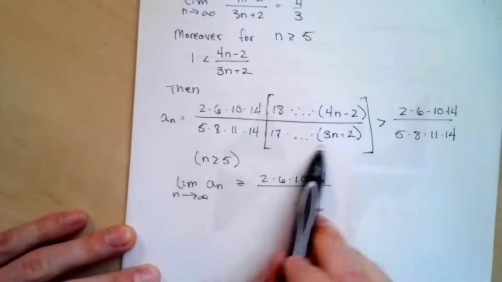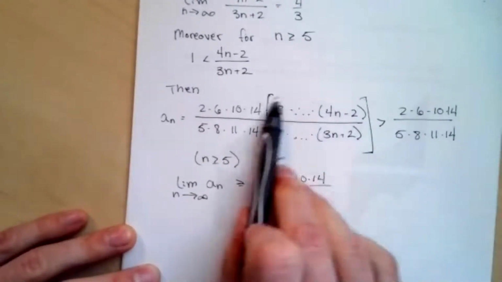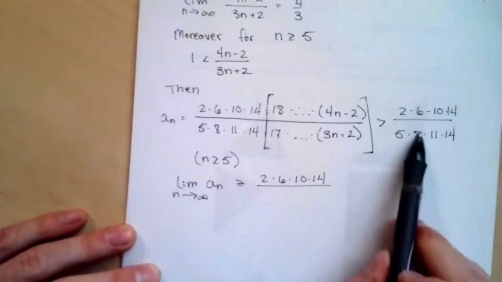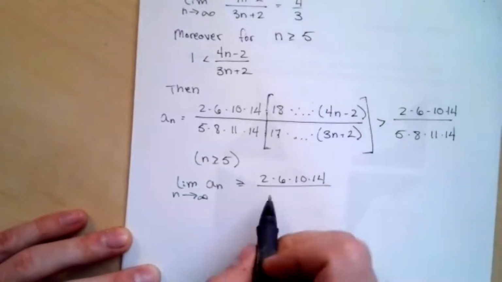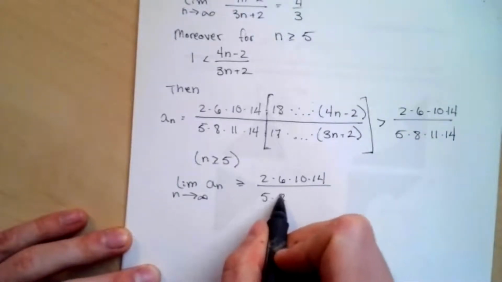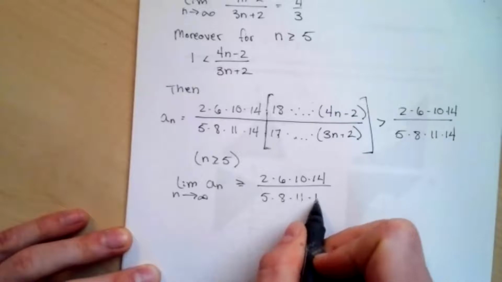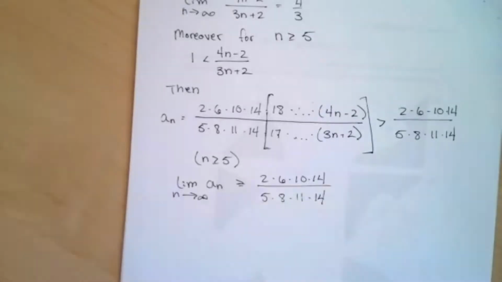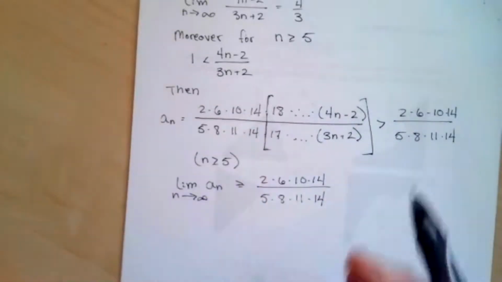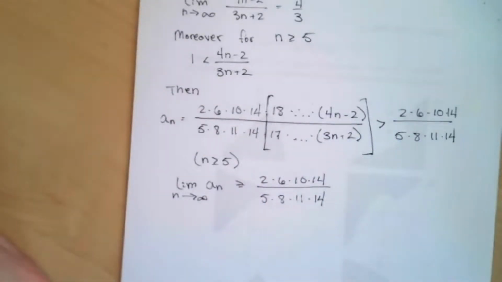If every single term in the sequence of individual terms beyond 5 is bigger than this, it'll never get below that. Which means the limit of the sequence, we could actually show that the limit is going to go to infinity, or argue along the lines that it should go to infinity. Simply because we're taking a product of terms. We are multiplying again and again by a number that is bigger than 1.